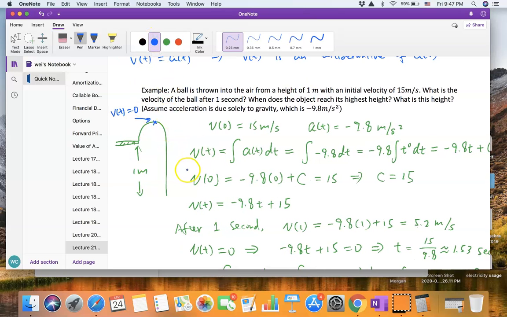So this tells us when t equals 0, the initial position of this ball is 1. So s of 0 equals 1.